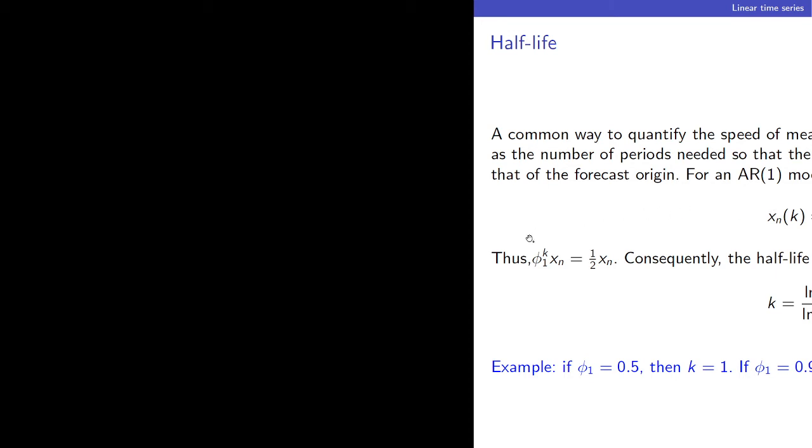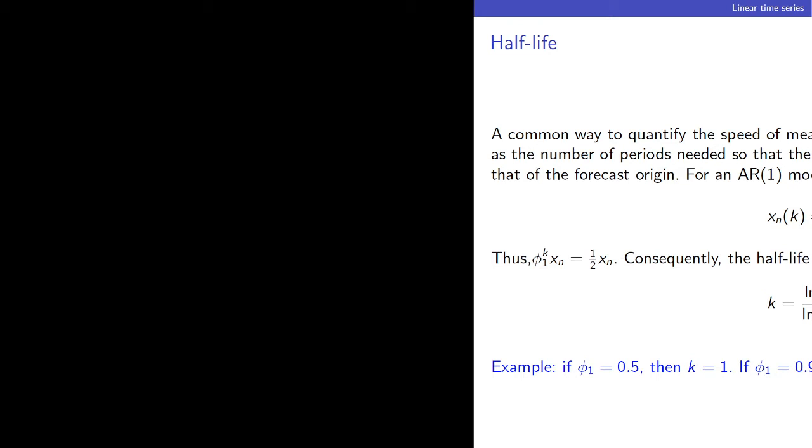So you can say that x of n after k steps is exactly this, and so we have this equation which we can solve for k, because k is a number of steps, and so it's the logarithm of 1/2 divided by the logarithm of the absolute value of phi sub 1.